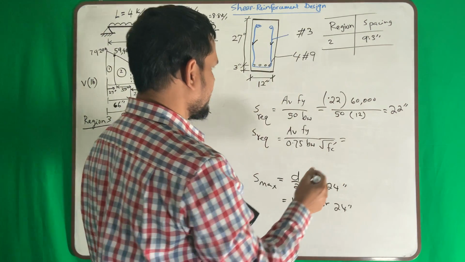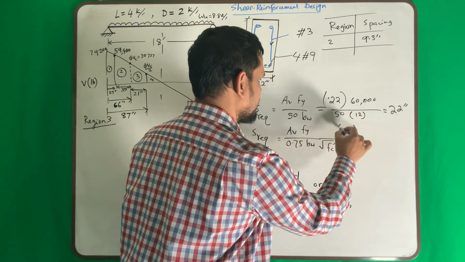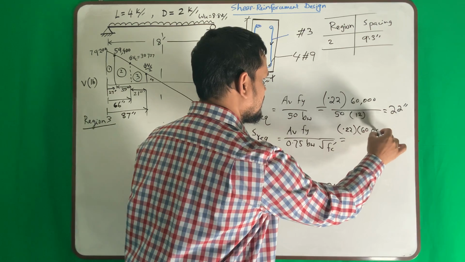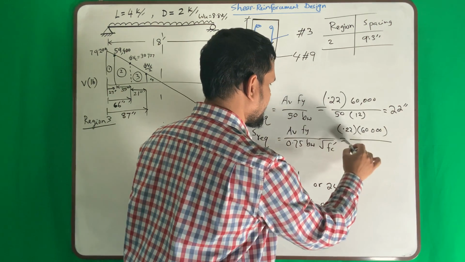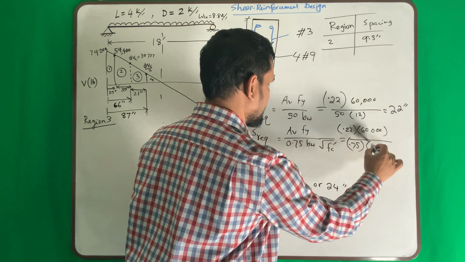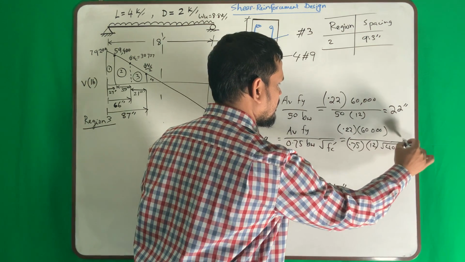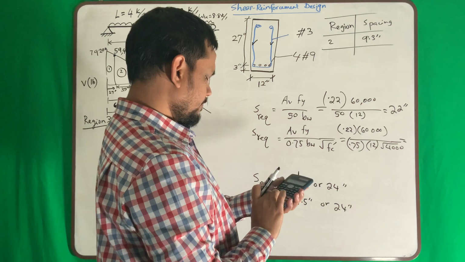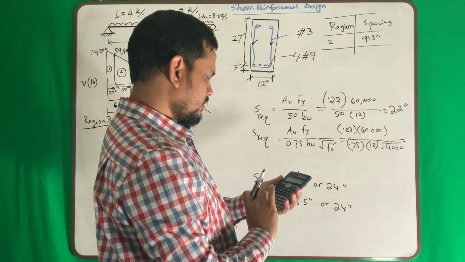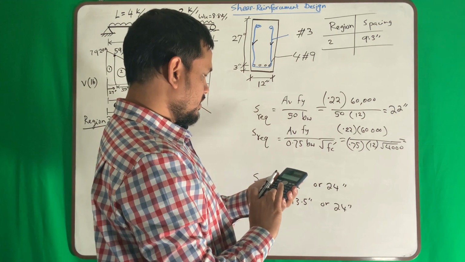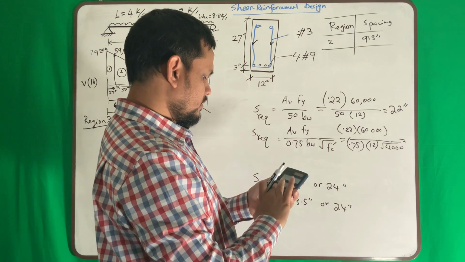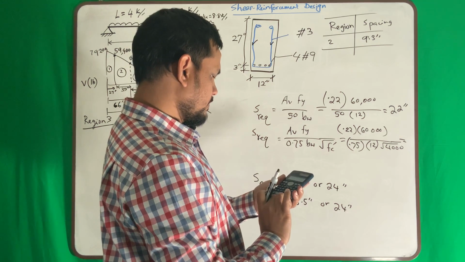What is the value here? Again, 0.22, 60,000, 75, 12. How much here? 0.22, 60,000, 75, 12.